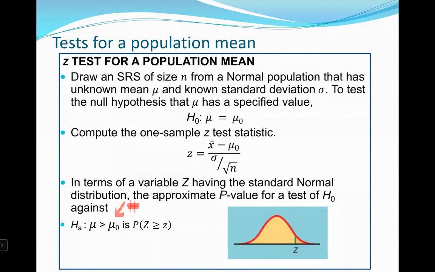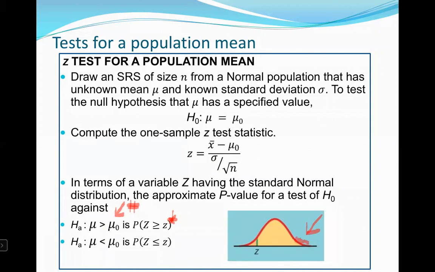So mu greater than mu naught is saying z is greater than our z critical. Greater than means you're looking at a shaded area to the right of your z-score, or p-values that fall in that more extreme value.